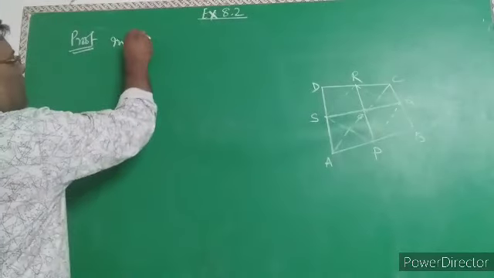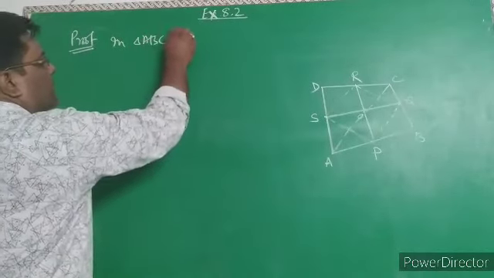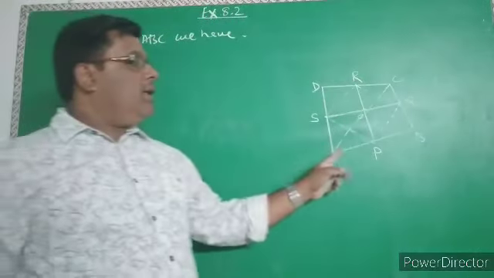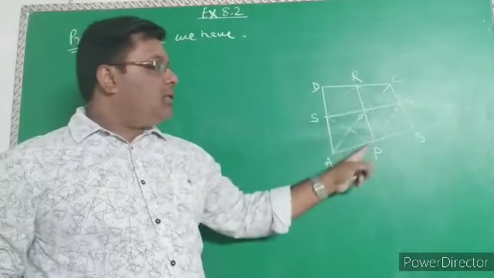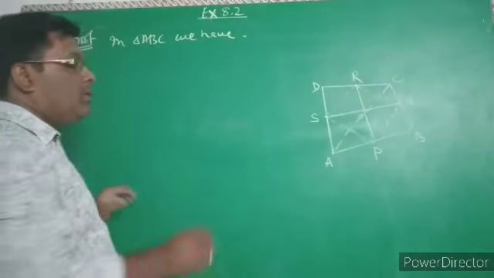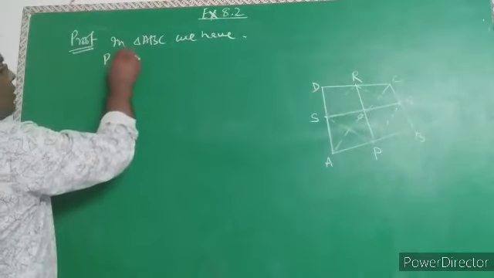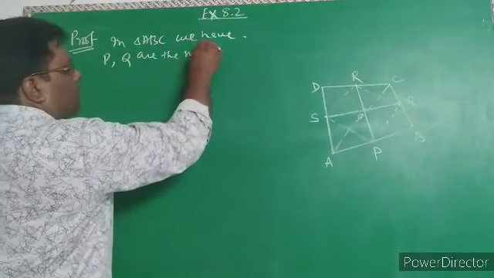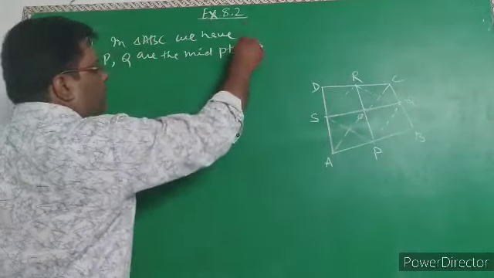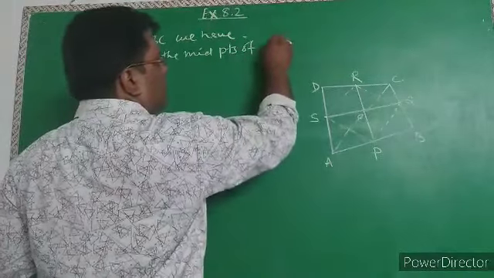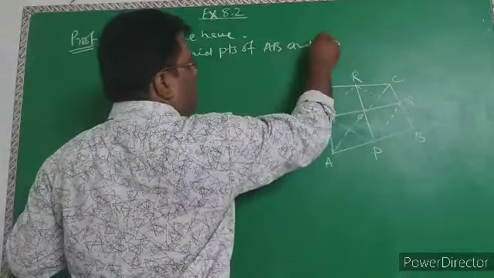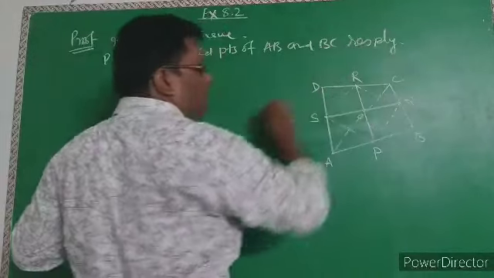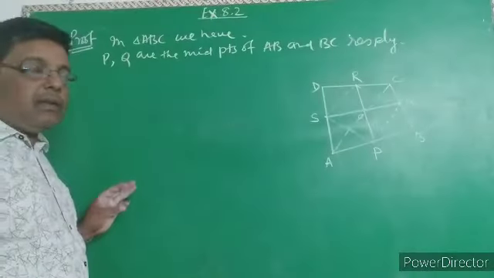In triangle ABC, we have P, Q are the midpoints of AB and BC respectively.